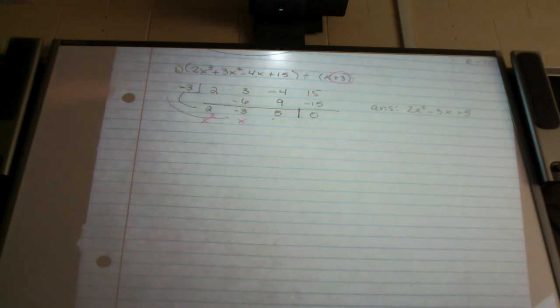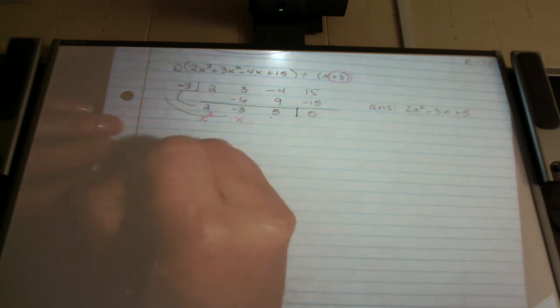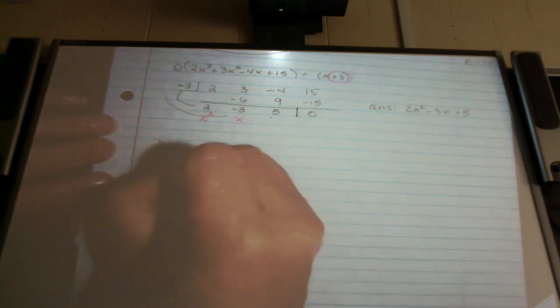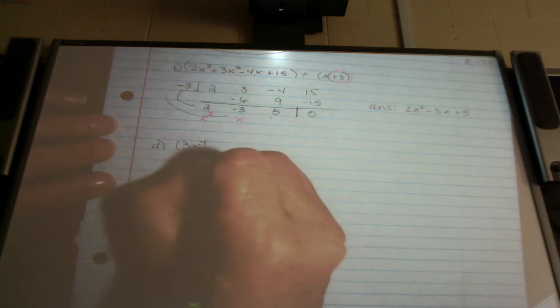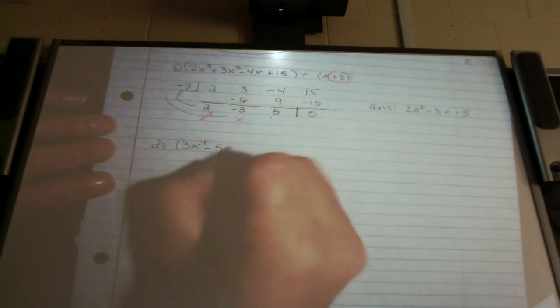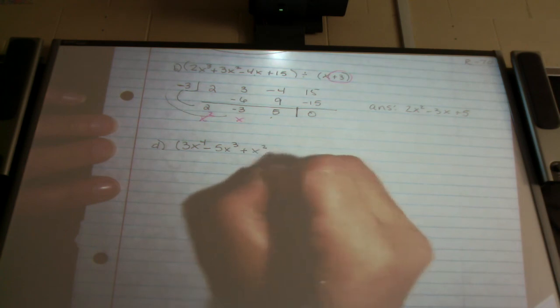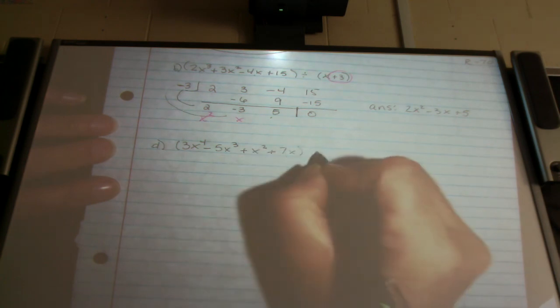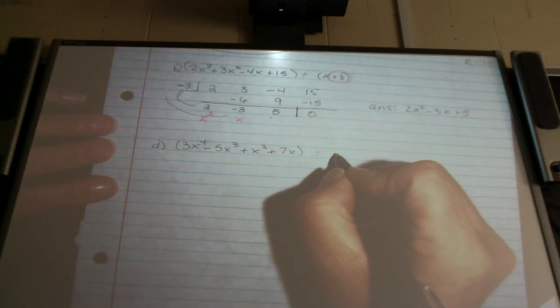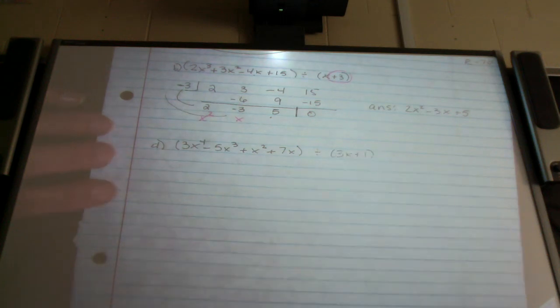Okay, let's look at D. D was 3x to the 4th minus 5x cubed plus x squared plus 7x, and we're going to divide it by 3x plus 1.